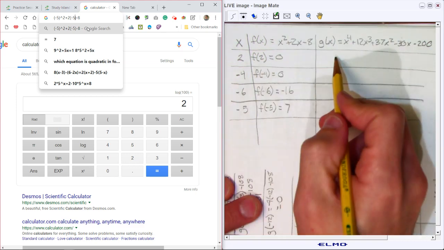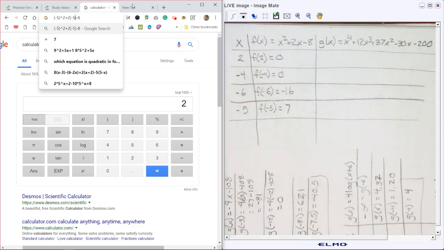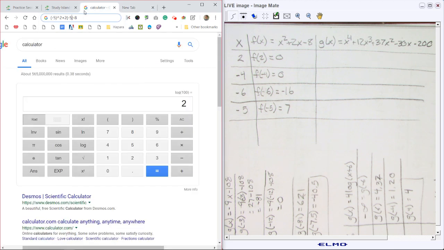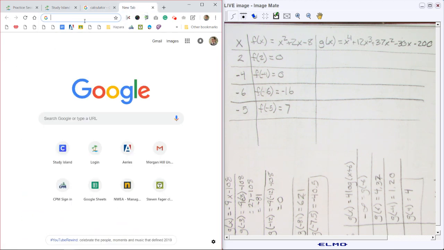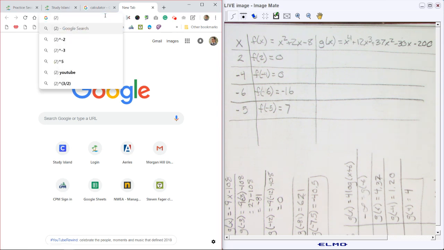Let's start plugging in some of these for our second function. I'm going to open a new tab, so a new calculator. I don't want to delete that one yet. Let's try the first one. So again, it's x to the 4th power, so the first thing is 2 to the 4th power, and then plus 12 times 2 to the 3rd power. Again, everywhere there's an x, I'm putting parentheses with the input number inside.